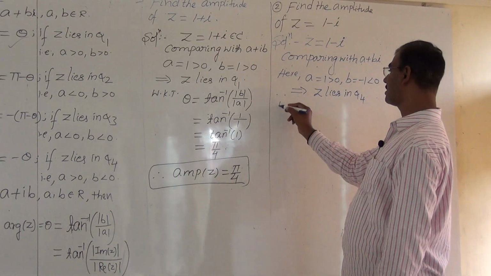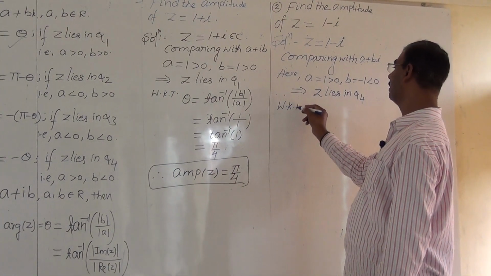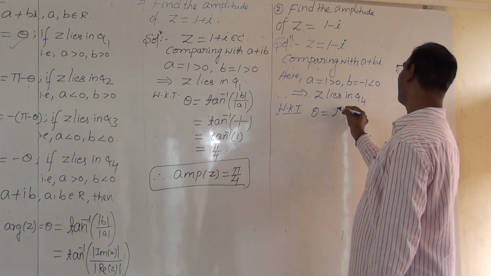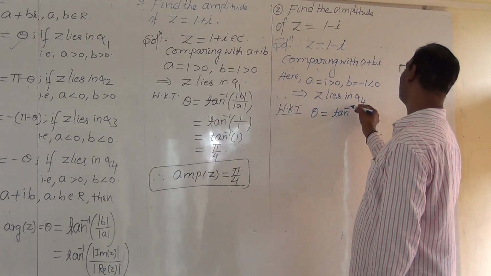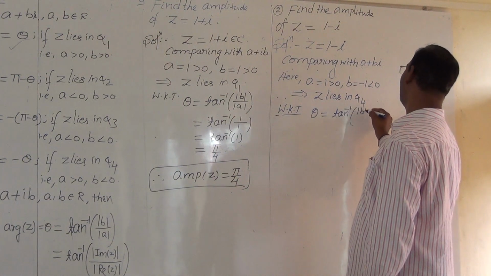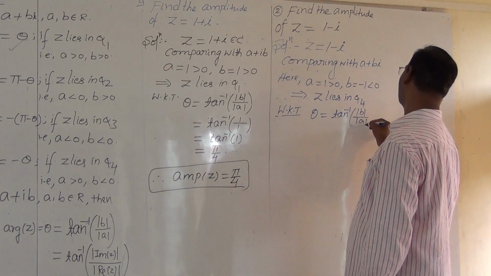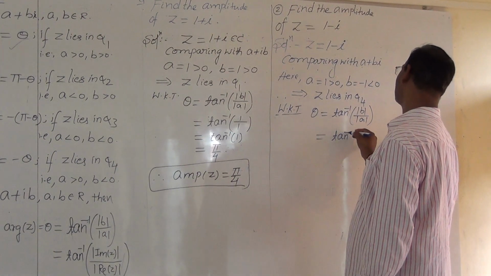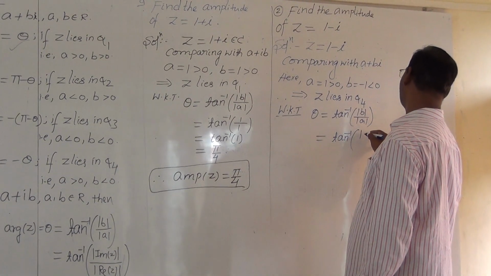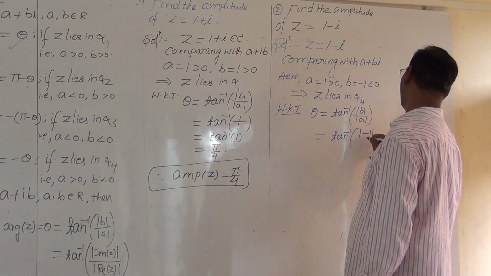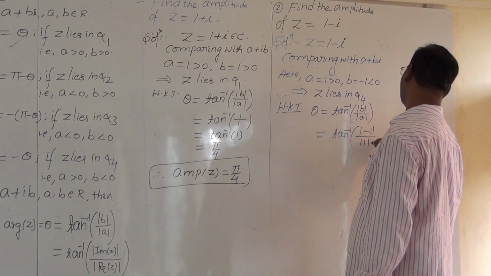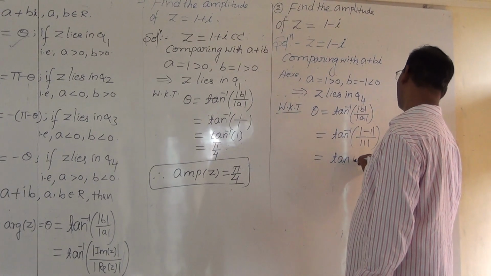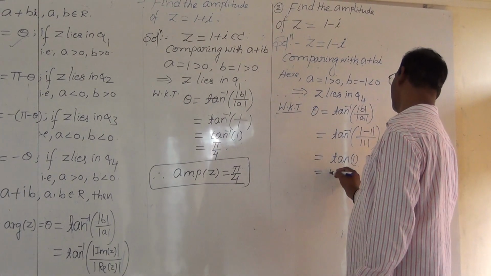Then follow the next step. We know that theta is equal to tan inverse of mod of B divided by mod of A. This is equal to tan inverse of mod of minus 1 divided by mod of 1, which is tan inverse of 1, equal to pi by 4.